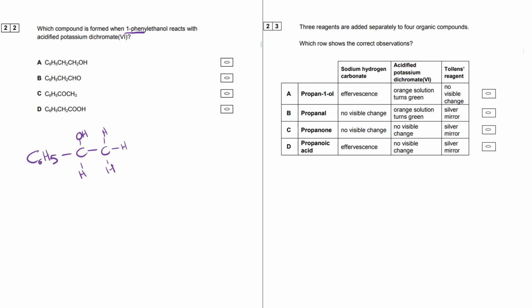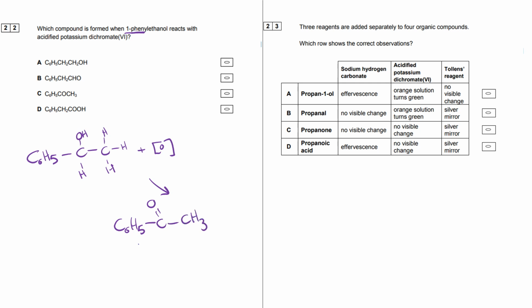So 1-phenyl ethanol reacts with acidified potassium dichromate. It's going to be oxidized. What's it going to form? So your benzene ring remains unchanged. You get your C double bond O on the first carbon and your CH3 remains unchanged.